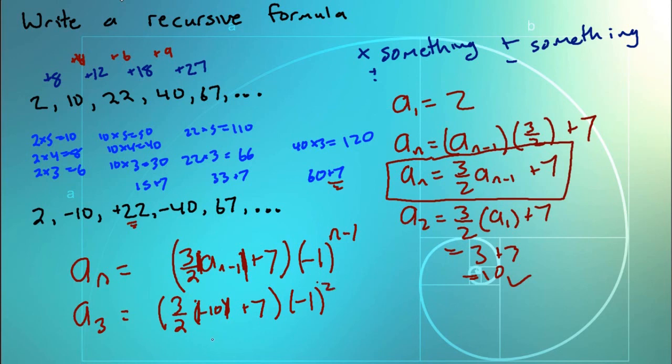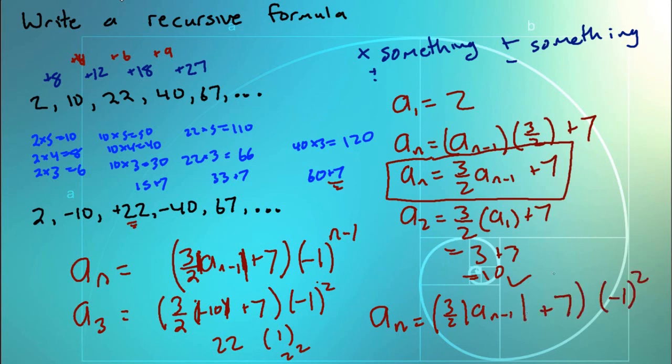I didn't catch that absolute value right away. So that's going to be 10, that's going to be 5, 15, plus 7, that's 22. And then -1 squared, that's 1, so 22. So that's going to work. So we need an absolute value on there. So the final answer for that last one would be 3/2 times the absolute value of the previous term plus 7, and then -1 squared.